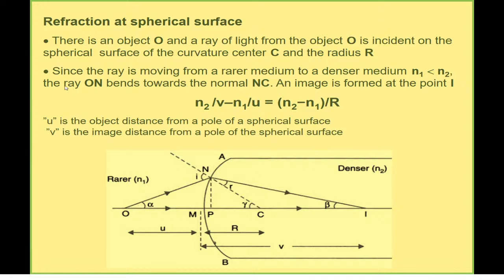So the ray ON bends toward the normal NC, and an image is formed at the point I.